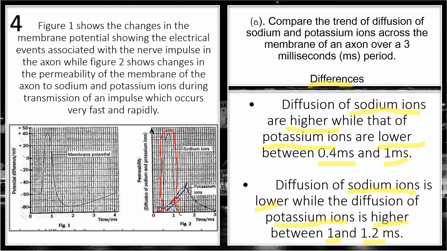So between 1 and 1.2 milliseconds, the diffusion of sodium ions is lower compared to the diffusion of potassium ions.